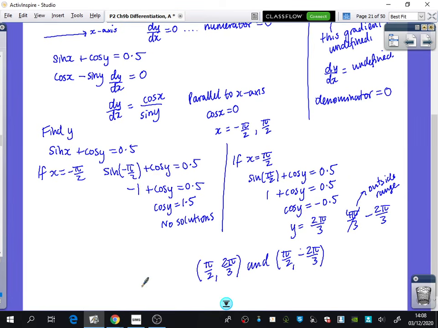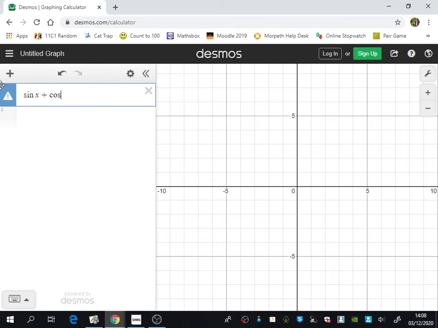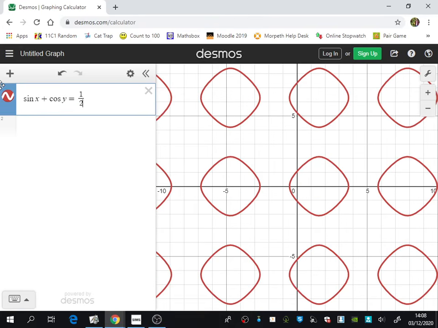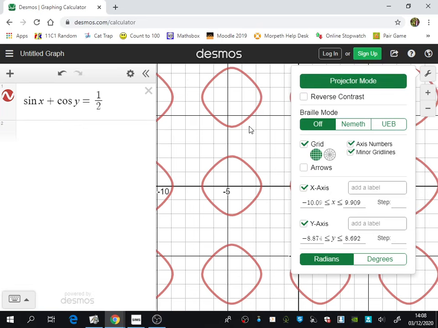I'll freeze the board while you're doing that so I can type this in. So it's sine x plus cos y equals a half. Okay, so this is the graph.